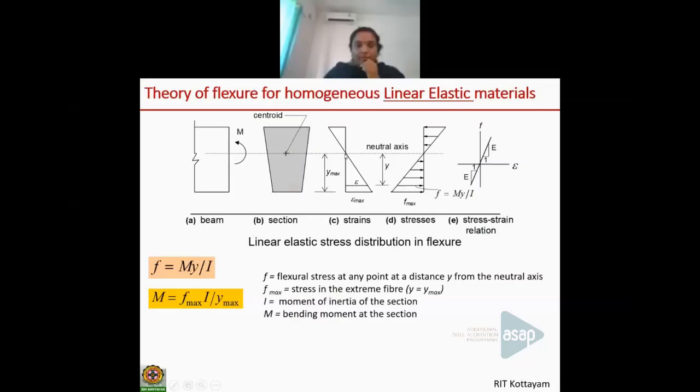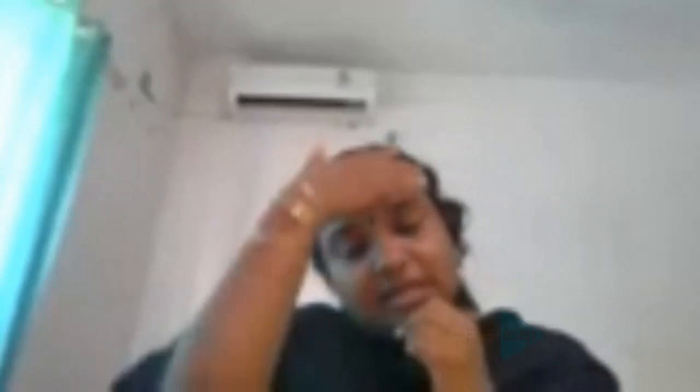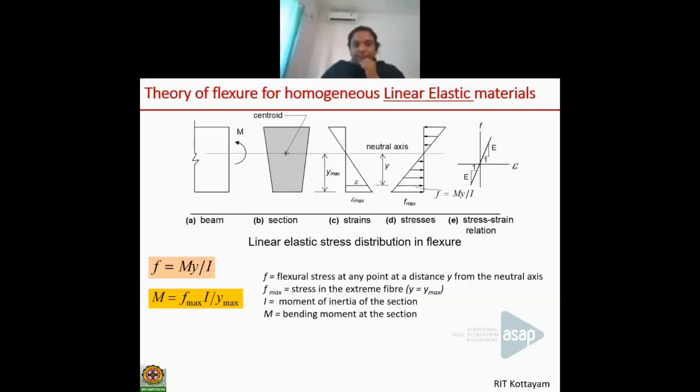Accordingly, tensile strains are induced, and this is the normal distribution of elastic stress. You have studied in MOS the derivation of the basic equation: M by I is equal to F by Y is equal to E by R. So that is what we are considering here.